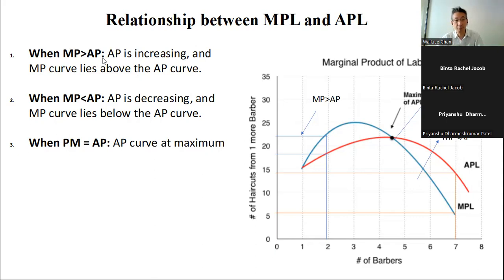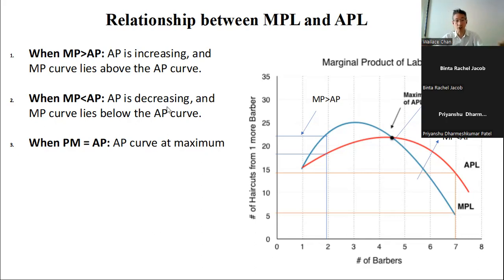So when MP is larger than AP, AP is increasing, and the MP curve lies above the AP curve. Up to a point. Now, when the marginal product is less than the average product, then the AP is decreasing.